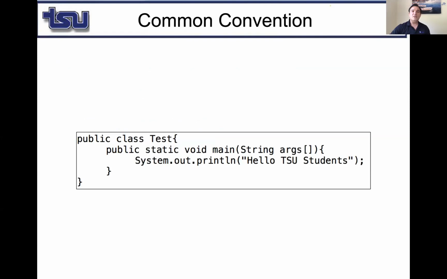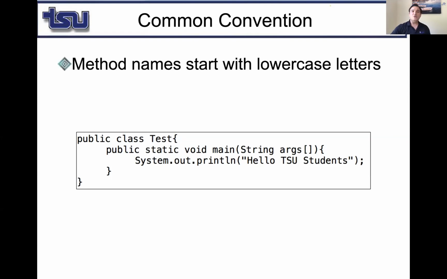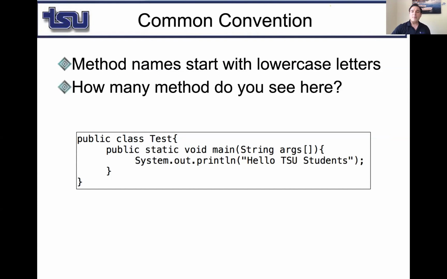Let's continue with common convention. We already know by now that Test is a class because it has a capital letter, System is a class, S is capital, String is a class because S is capital. Common convention for methods: method names start with lowercase letters. And in order to distinguish a method, methods must have parentheses.